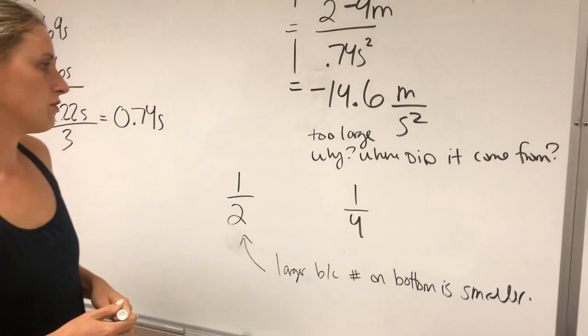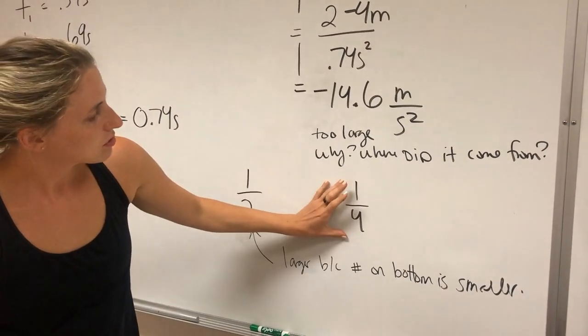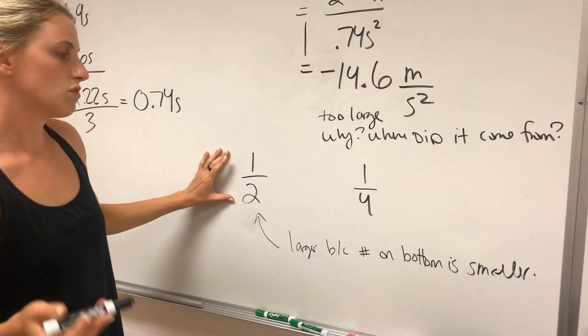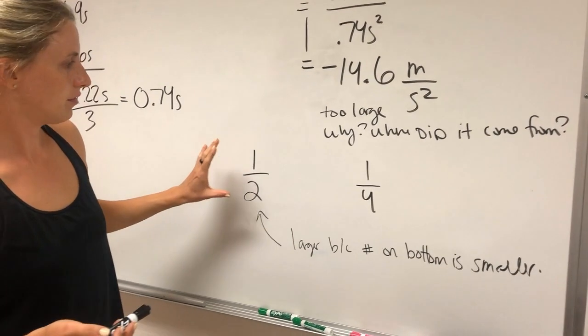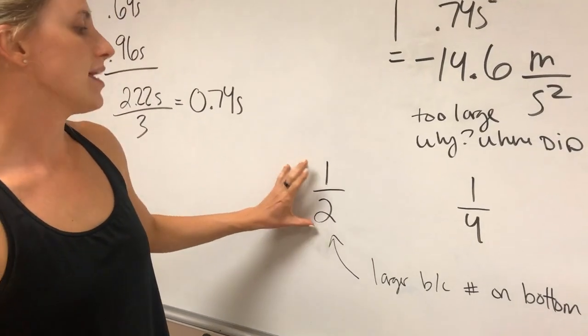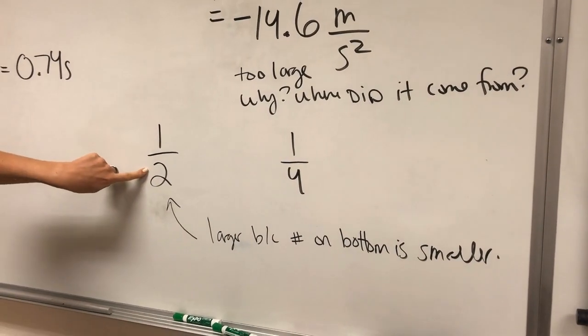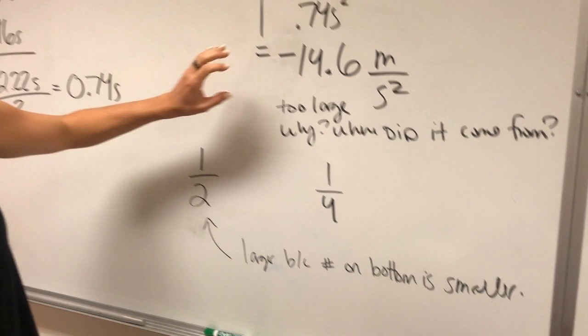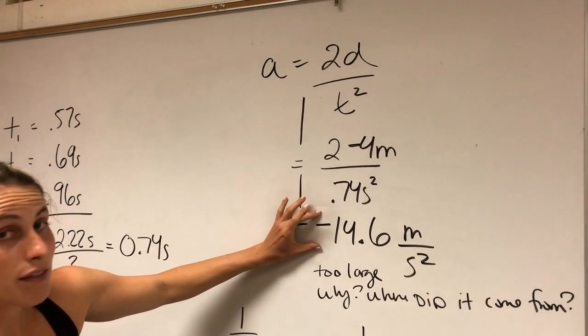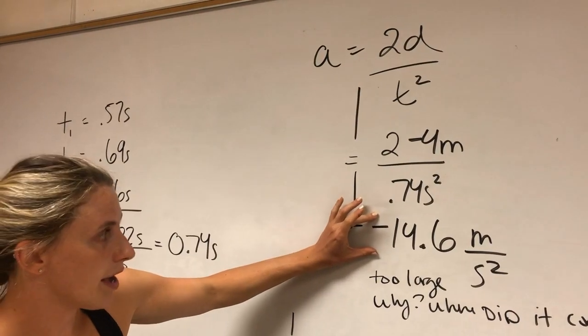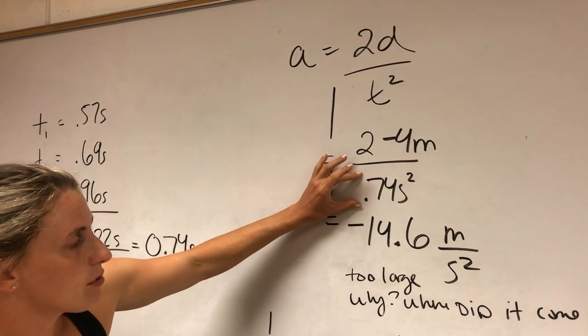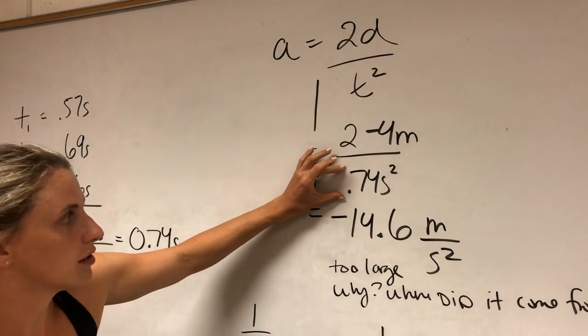My next question for you guys is, if you look at these two fractions, which fraction is bigger? Well, it's this one. And why is it bigger? It's bigger because the number on the bottom is smaller. So this answer is bigger than it should be. And the question is why? Well, the number on the bottom right here is smaller than it should be.